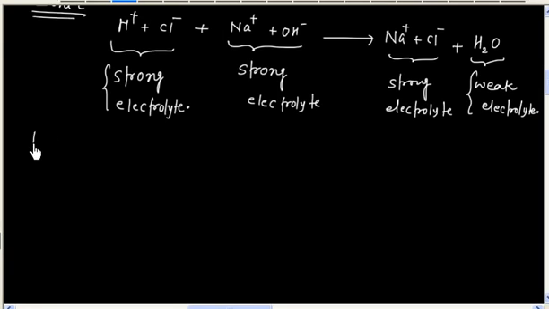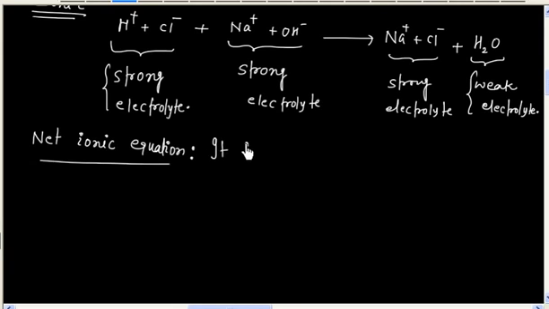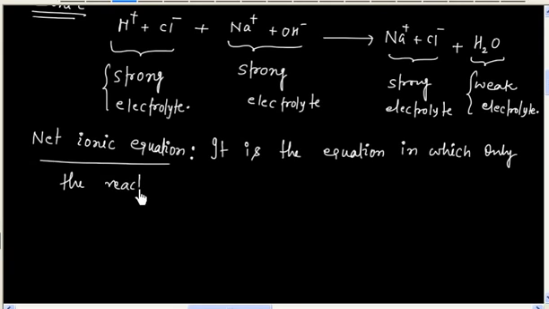Similarly, we can define something called net Ionic equation. It is the equation in which only the reacting ions is written.